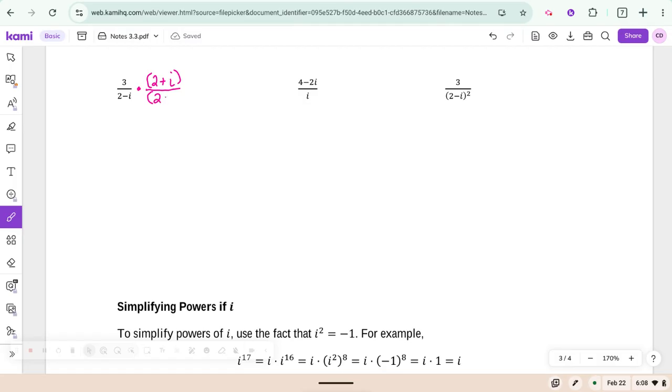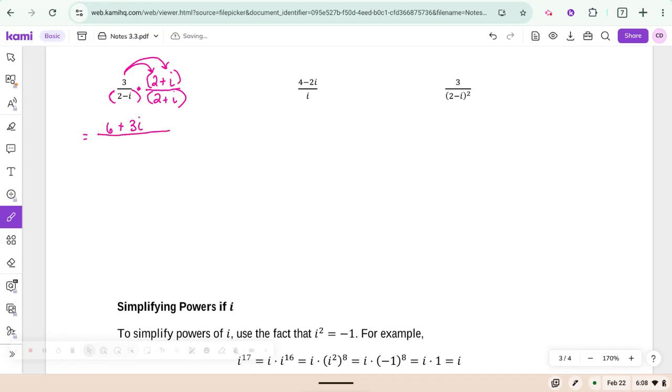Complex conjugates are two complex numbers that are the same except for the sign in the middle. By doing this, this is going to give me a nice rational denominator. In the numerator, I'm going to just distribute 3 times 2 and 3 times i, and this is going to become 6 plus 3i.